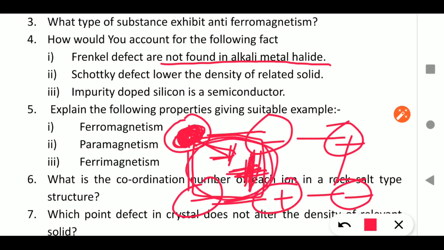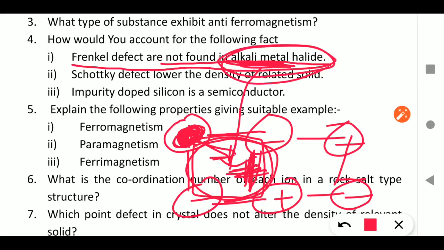Alkali metals have a very large size, so they cannot take this position. That's why this defect is not found in alkali metal halides. So you will say because of the large size of the metal, it cannot take the position of the interstitial site.